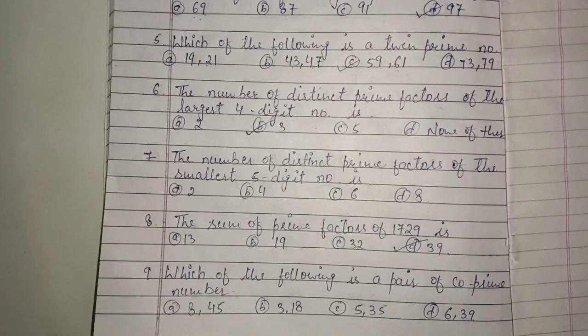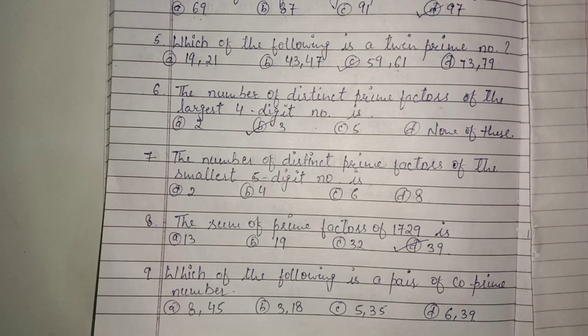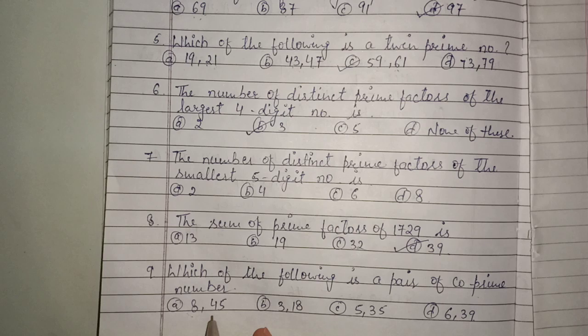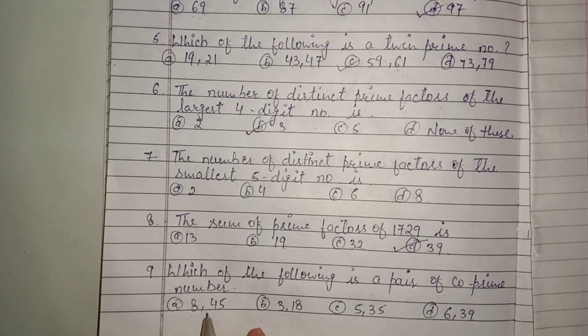So next question is, which of the following is a pair of co-prime numbers? For a pair of co-prime numbers, the common factor should only be 1. Here 8 and 45: their common factor is 1.